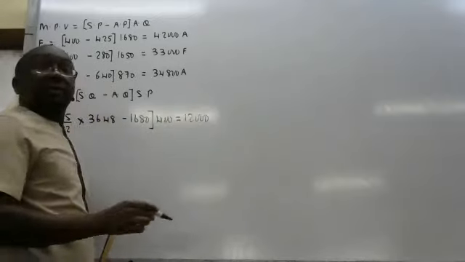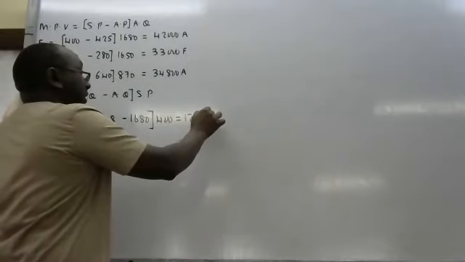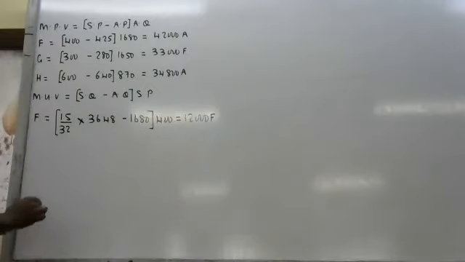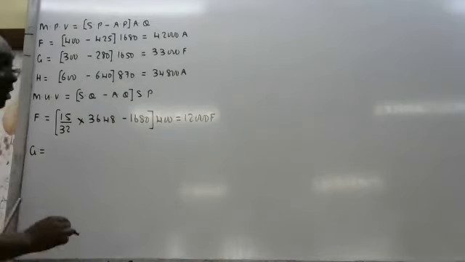Positive or negative? Favorable, positive, eh? Okay, then for G was supposed to bring 12.